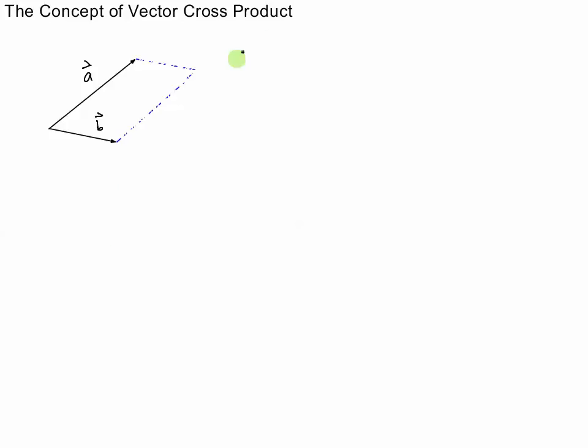Okay, so now what we want to do is look at this statement. Vector A cross vector B. So this is read as A cross B. This thing is a vector, okay? And the way to calculate that vector is you have to use your imagination.